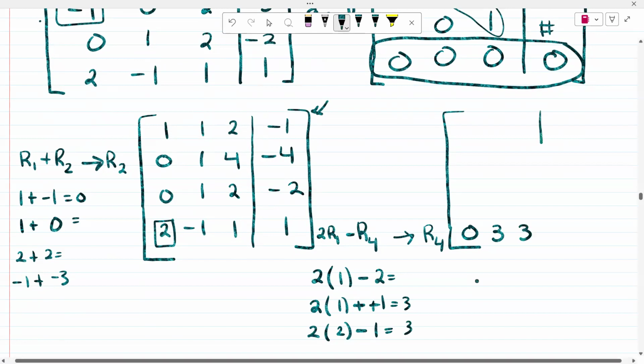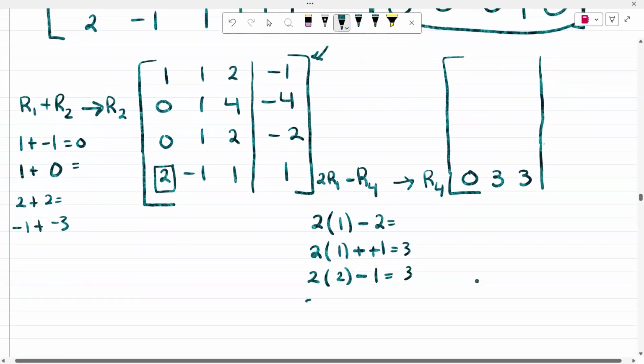Straight vertical line. And then it's 2, and then last number in row 1 is -1 minus last number in row 4 is 1. So 2 times -1 is -2 minus 1, that's -3. Okay. And then we didn't mess with these rows, so rewrite it.